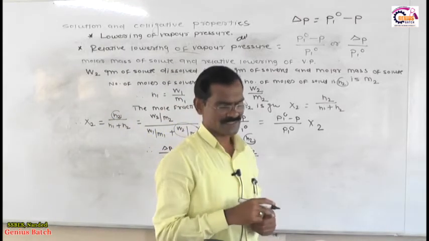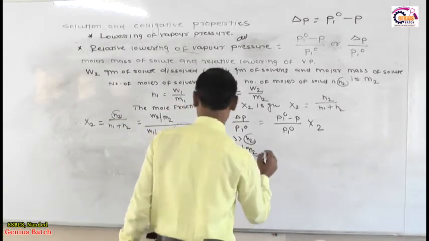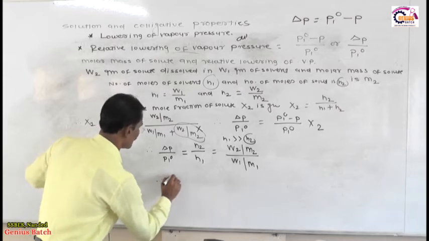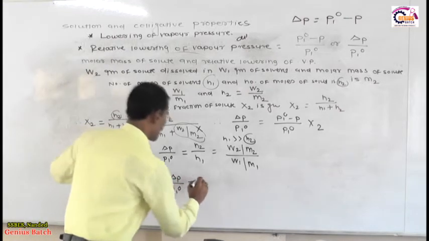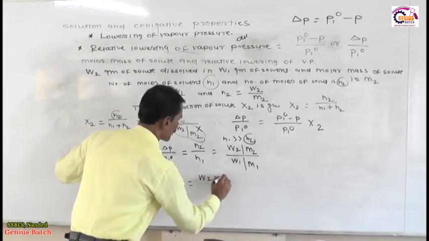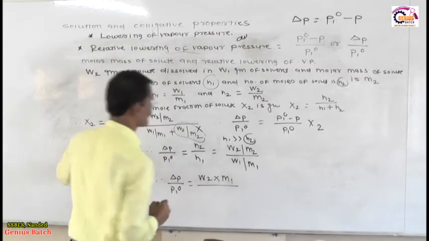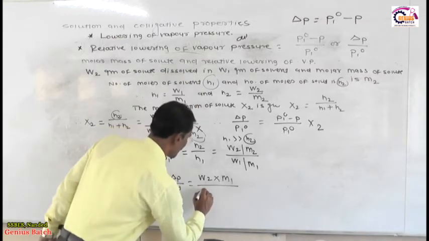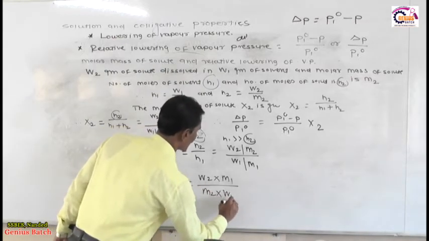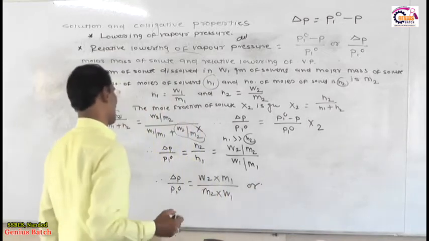We rearrange the same equation this way: delta P upon P10 is equal to W2 into M1, divided by M2 into W1.